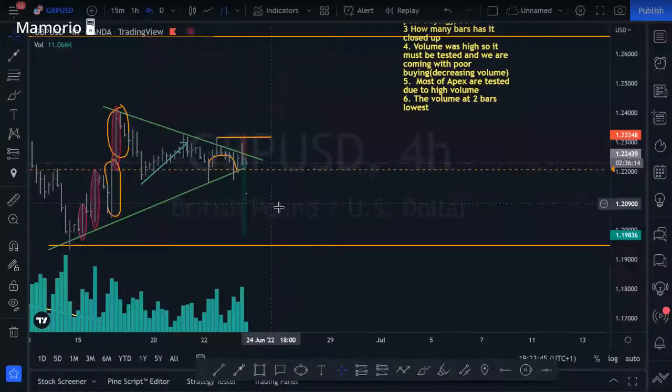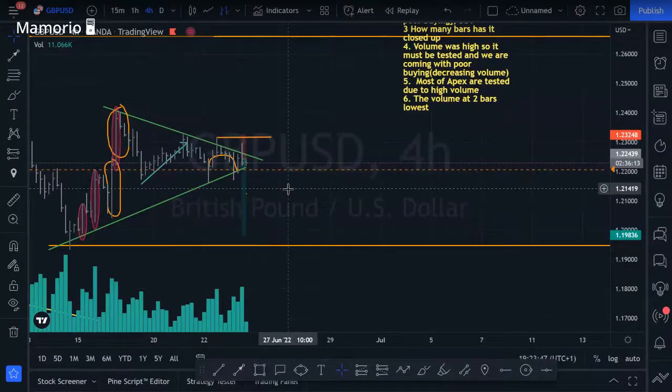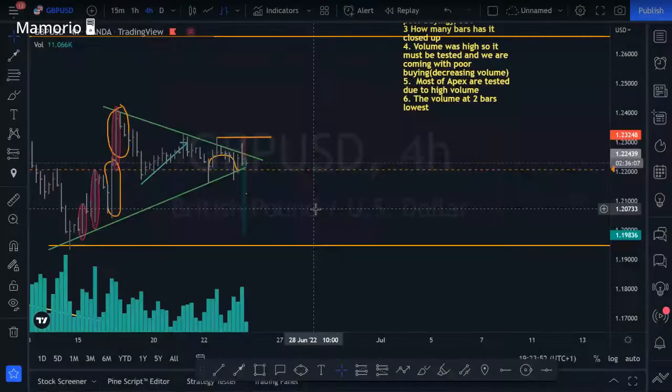This shows that buyers can't drive the market up.